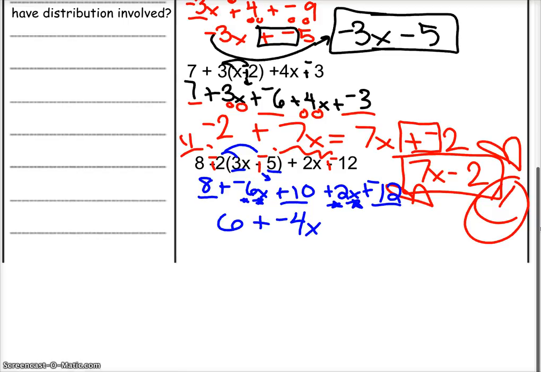Now that's not the happiest answer in the world because my x is last. You want it to be first. So I changed this. The commutative property of addition says I can flip these since I'm adding. Negative 4x plus 6. Final answer.